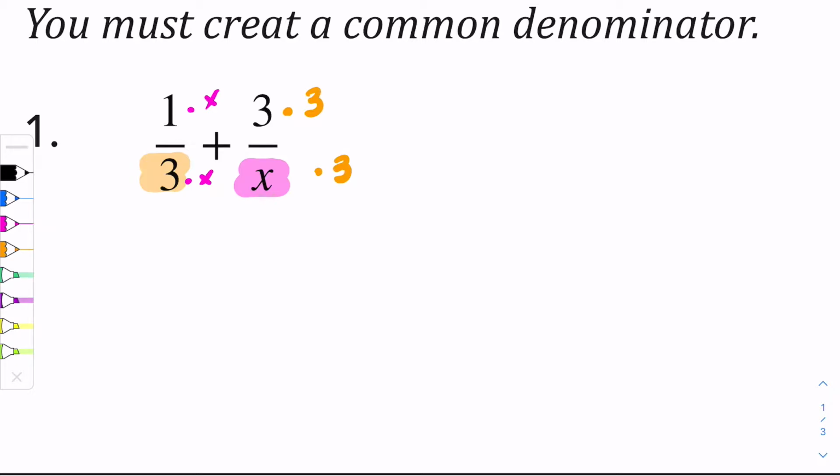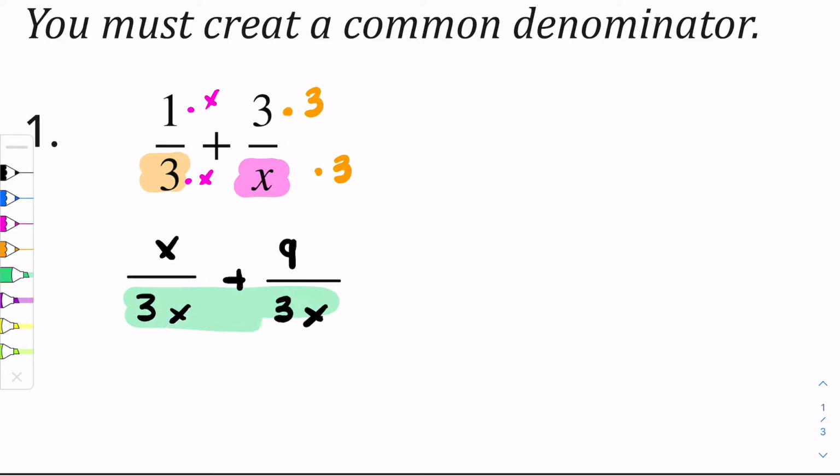By doing this, my first fraction becomes 1 times x, or x, divided by 3 times x, which is 3x. My second fraction becomes 3 times 3, 9, divided by x times 3, or 3x.